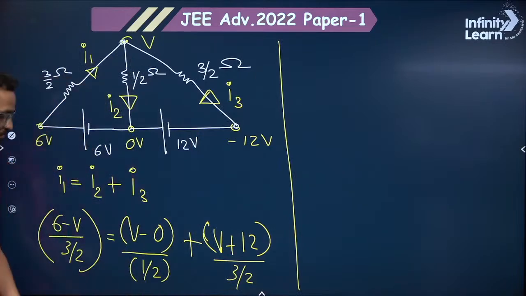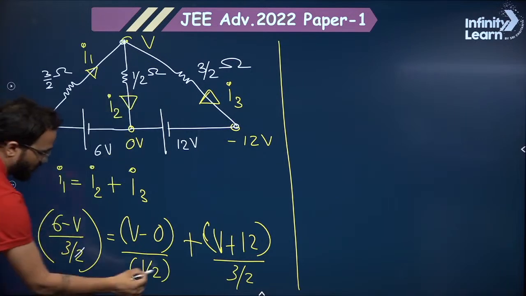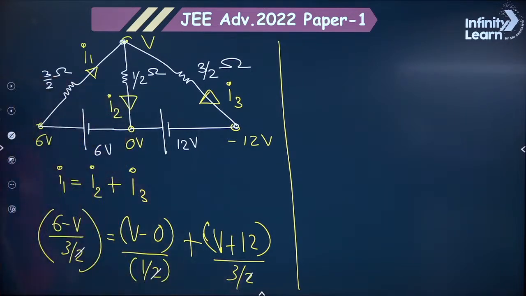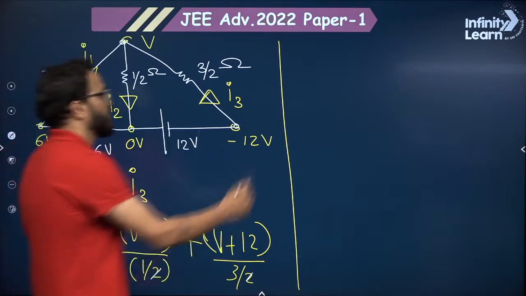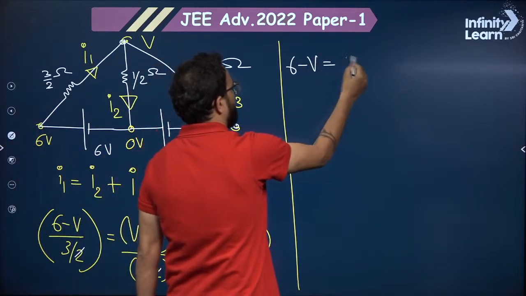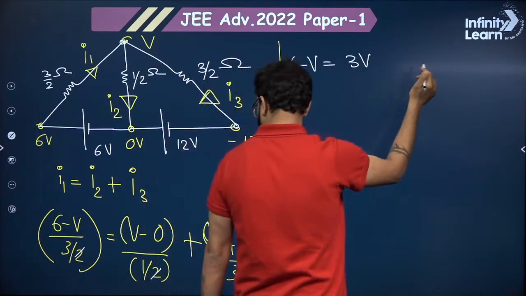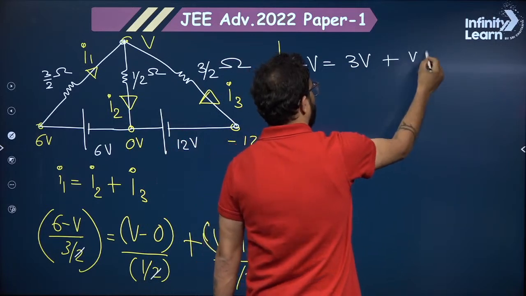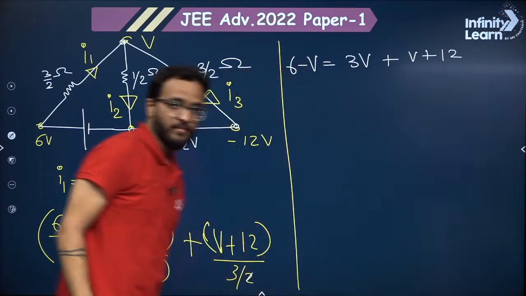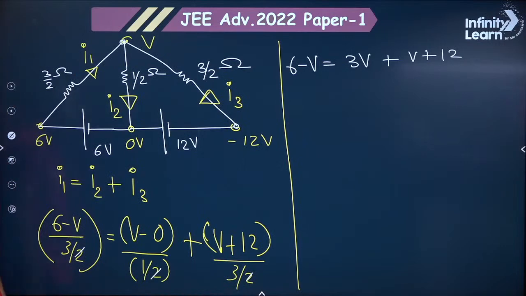Yes or no? This is clear. So the 2 and 2 will get cancelled here, and 6 minus V will become 3V plus V plus 12, right? I guess I am correct here.